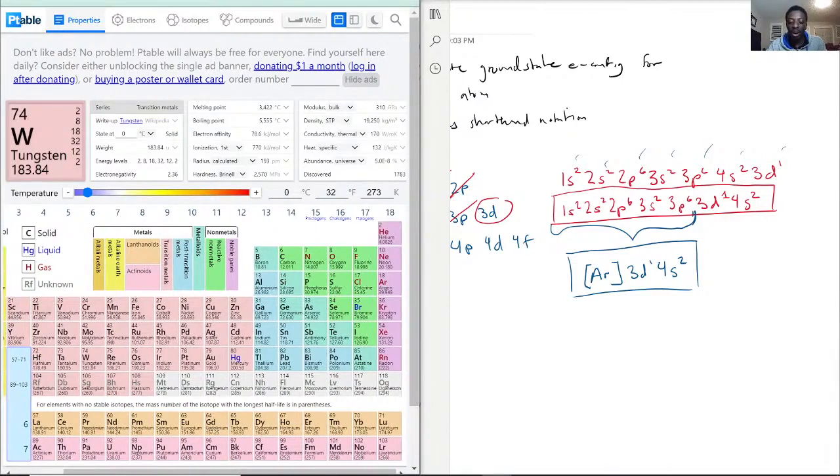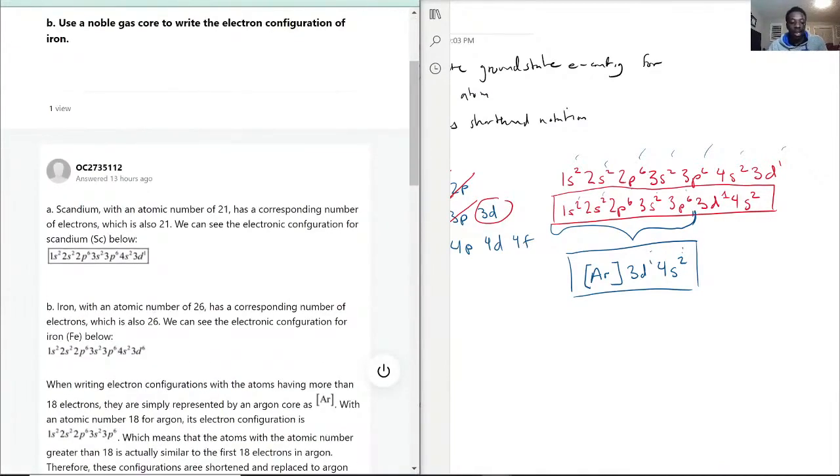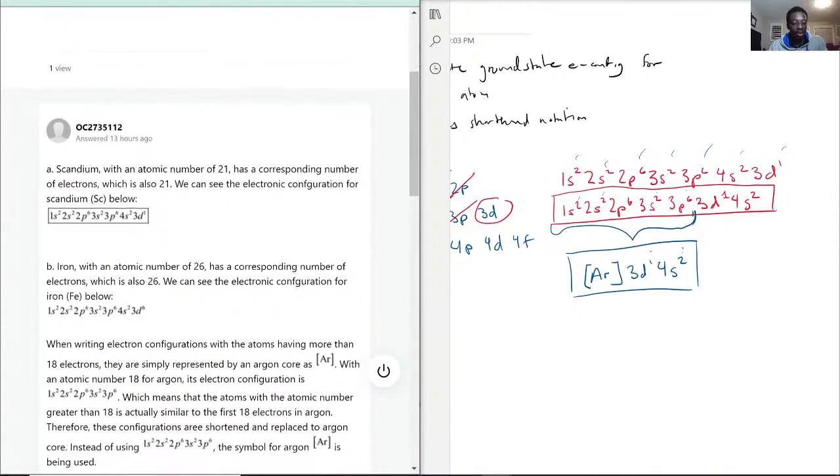And argon, the 18th element, we have 2, 4, 10, 12, 18. We used the 18th element, and then we added 19, 20, 21. And that's how we got scandium. So let's see how we did. Exactly, 1s2, 2s, and then it keeps going to 3d1.